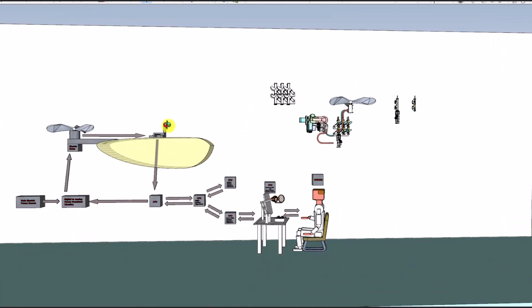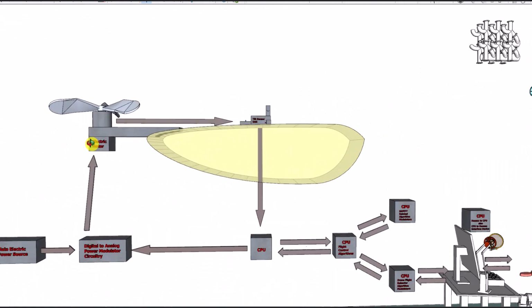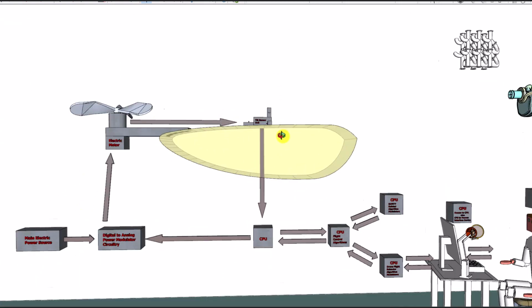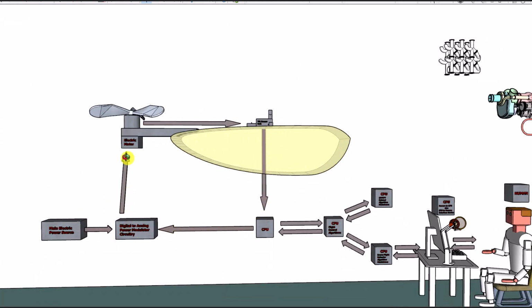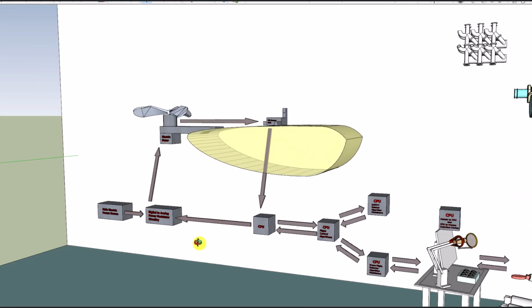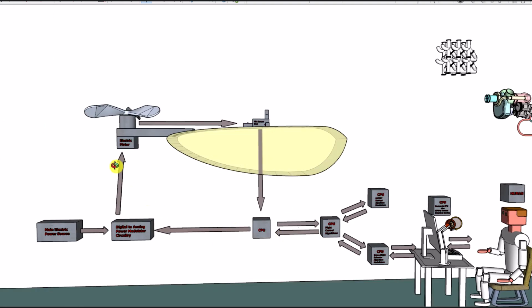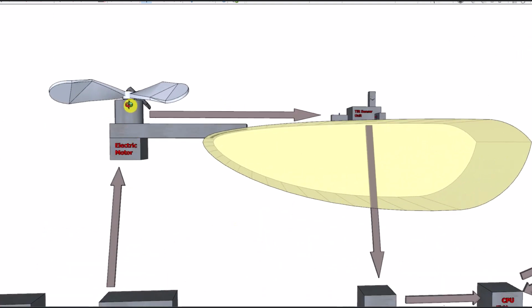Up here, of course, you'll notice I have "electric," because it's all electric. The reason the drones have been electric is because this loop at this speed, once every 1/10 of a second, can be done with electric motors.